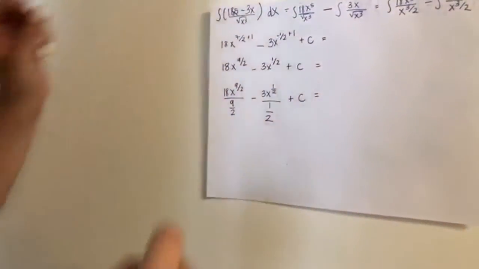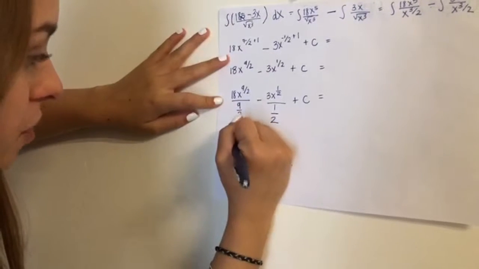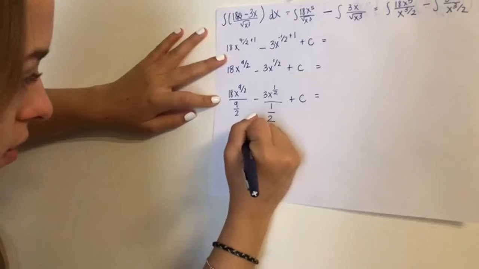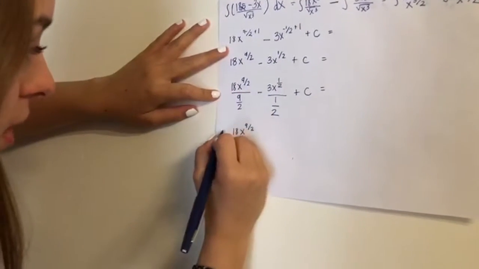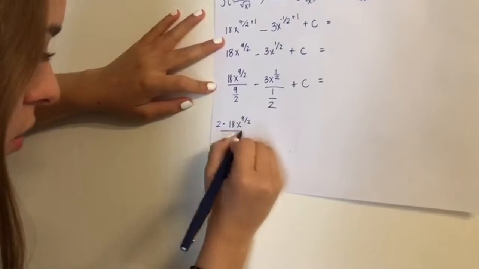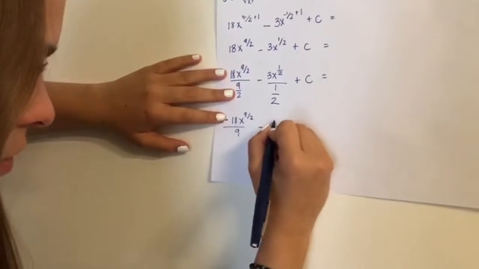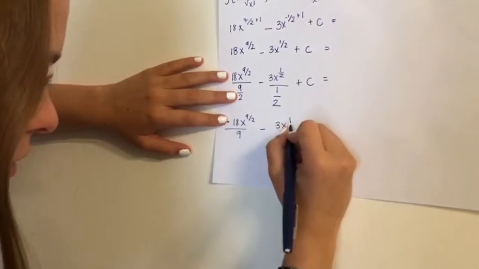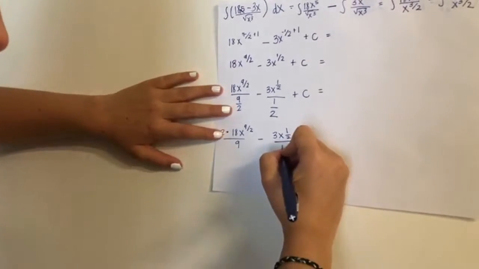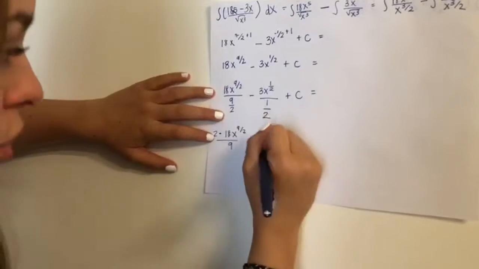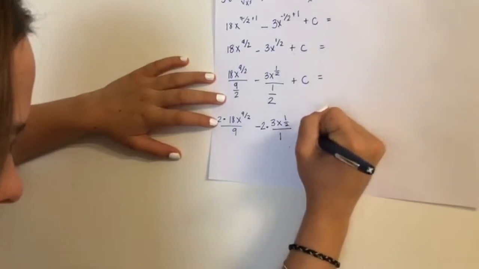And then when you start doing the tortilla, it is going to be 18x to the 9 halves, and then this 2 is going to pass multiplying over 9, and then minus 3x to the 1 half over 1, and then this 2 is going to pass multiplying in here as well, and then plus c again.